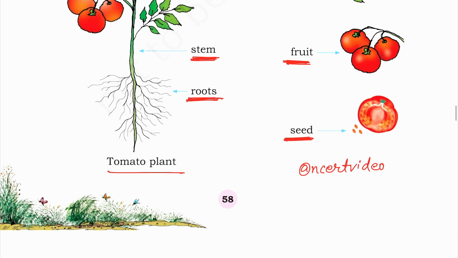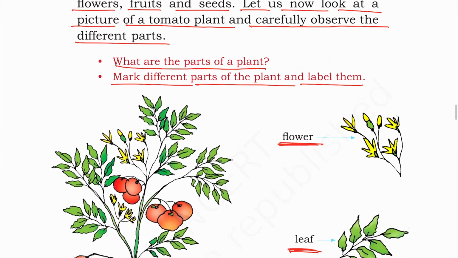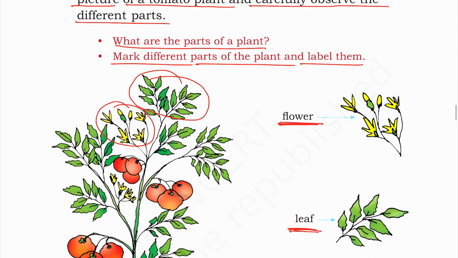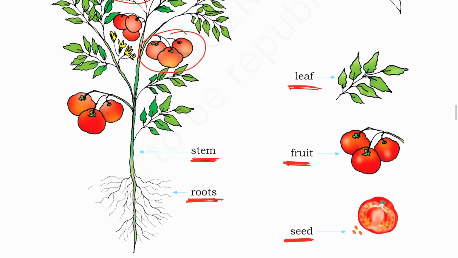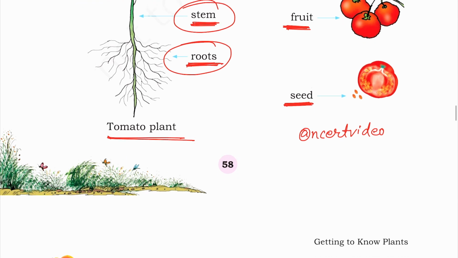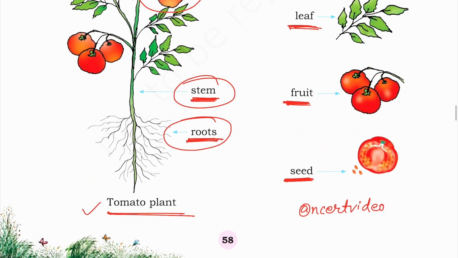This is a tomato plant. Kindly see the things here. These are leaves, flowers, fruits, stem, roots. Okay, this is a tomato plant.